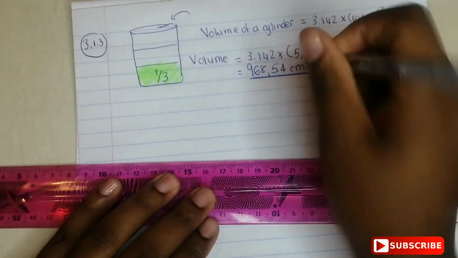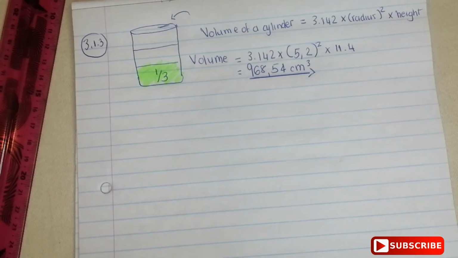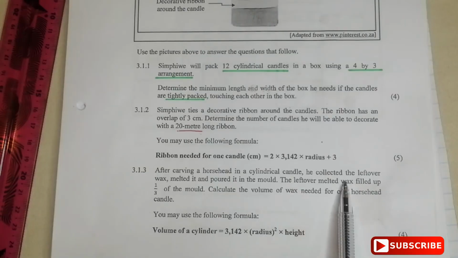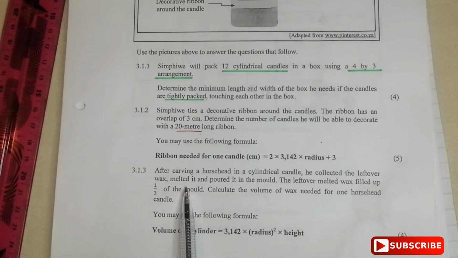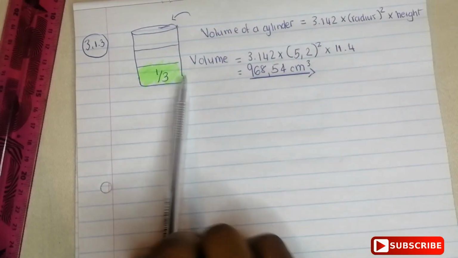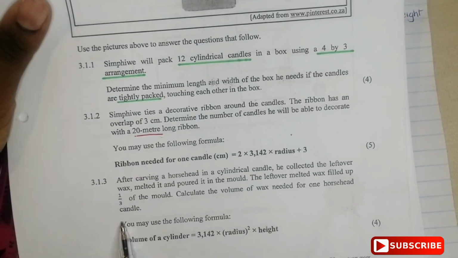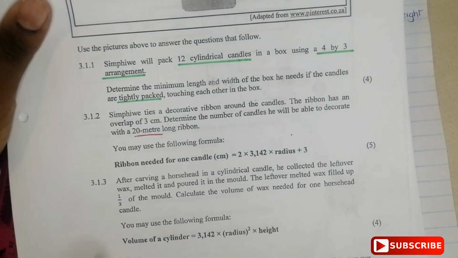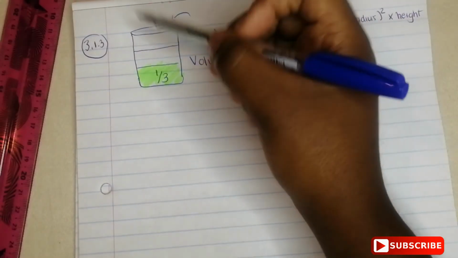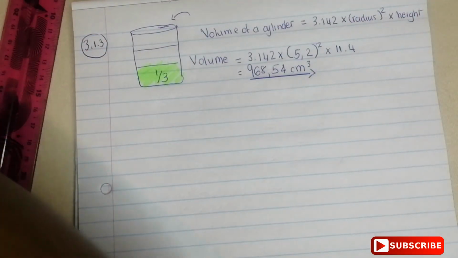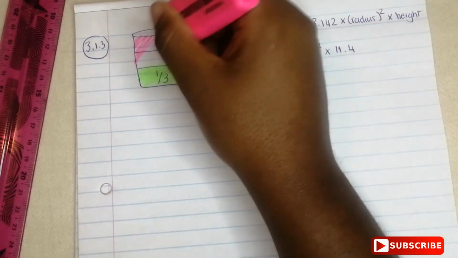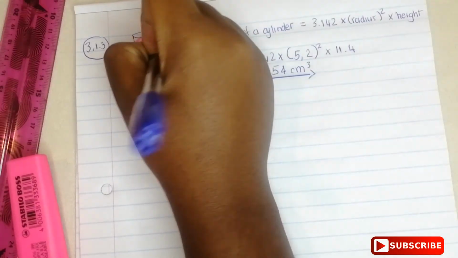We are told that when he pours the wax, if he collected the leftover wax, melted it and poured it into the mold, the leftover wax only covers 1/3 of the mold. Calculate the volume of wax needed for 1 horsehead candle. So we need to calculate the remaining wax that will be needed, which is going to be 2/3.